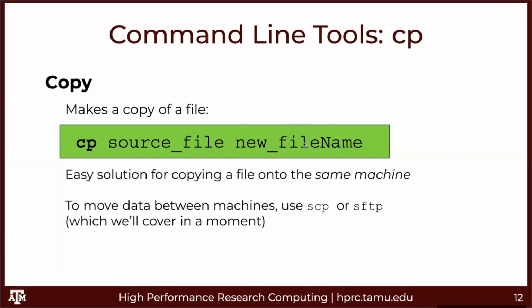The contents from the source file will be copied into the new file. This is a very easy solution to copy a file on one machine. If you want to transfer data between different machines, you would use either SCP or SFTP, which we'll cover in just a second.